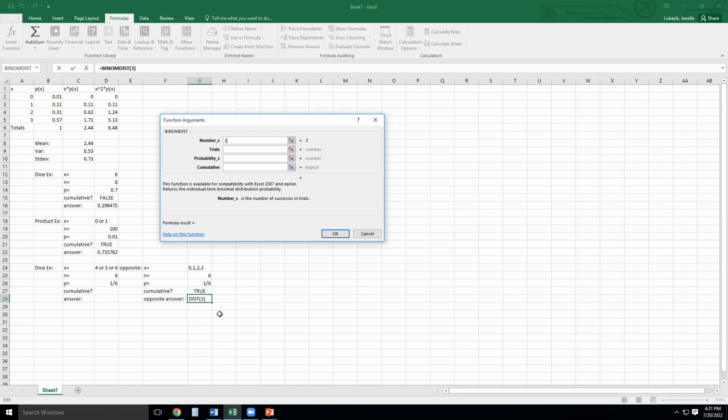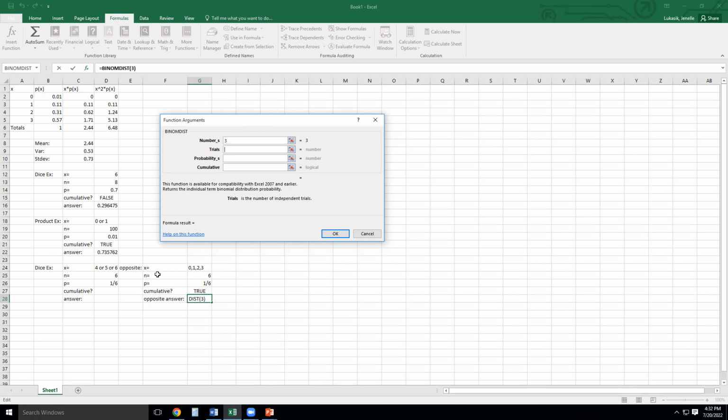When I find this answer and subtract it from 1, it's going to eliminate x's 0, 1, 2, 3 and leave 4, 5, and 6 for us. That's how we're going to get the right answer. If I had put 4 in this box, when I subtract it, 4 is going to get eliminated and only 5 and 6 will be left, which is not what we want. So you almost have to back off 1 so that you leave the numbers that you do want on the upper end.